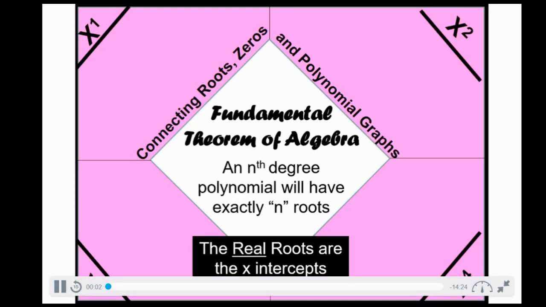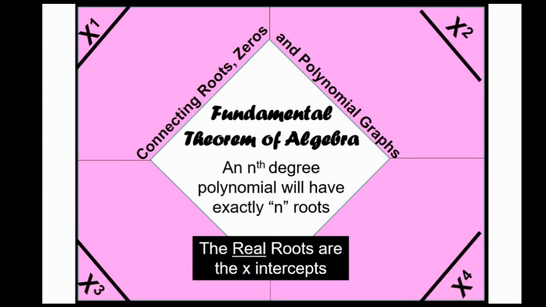Well, what we want to do today is continue to build on what we understand about the fundamental theorem. Remember, in our last lesson we figured out that the highest exponent, that's called the degree, is going to tell us exactly how many roots we have for our equation.